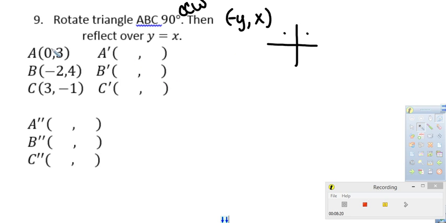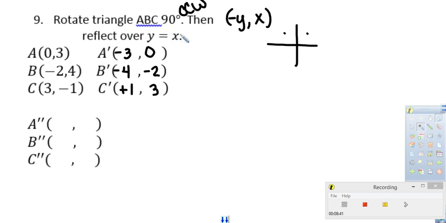So we switch them, 3, 0, then negate the x spot. Switch them, 4, negative 2, negate the x spot. Switch them, negative 1, 3, negate the x spot.